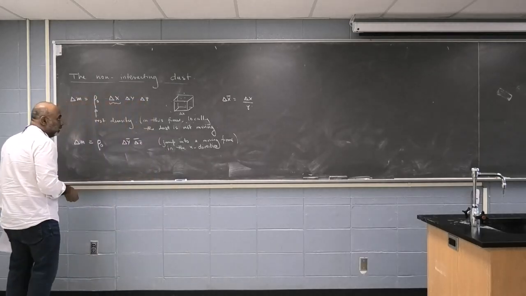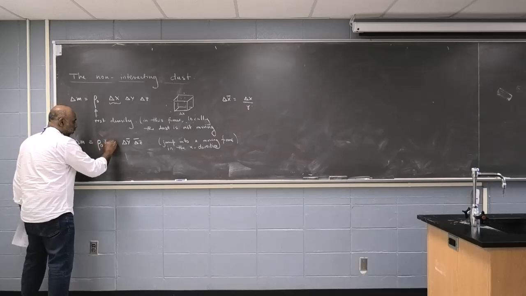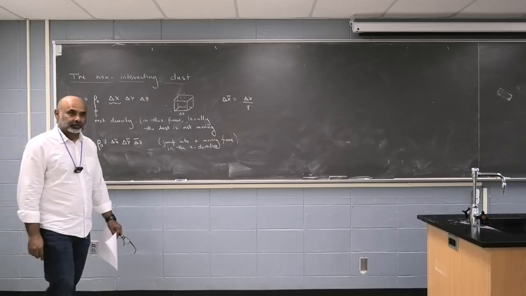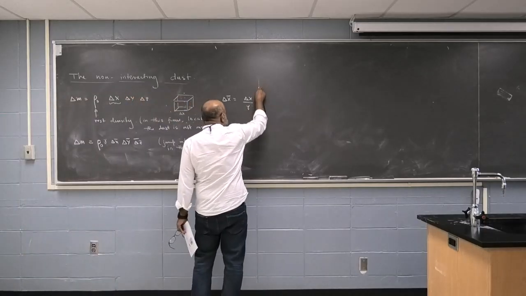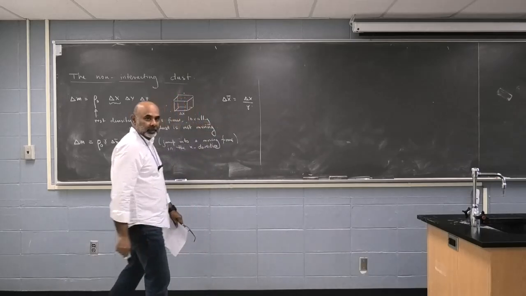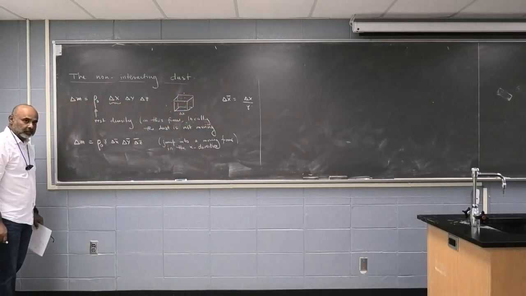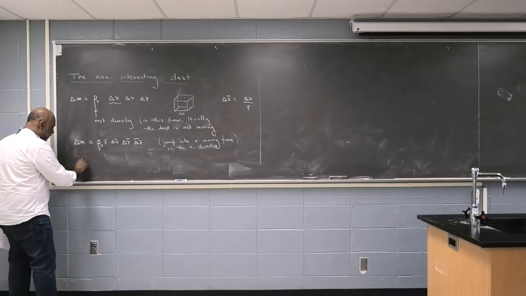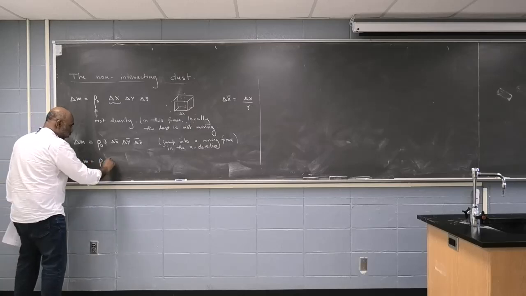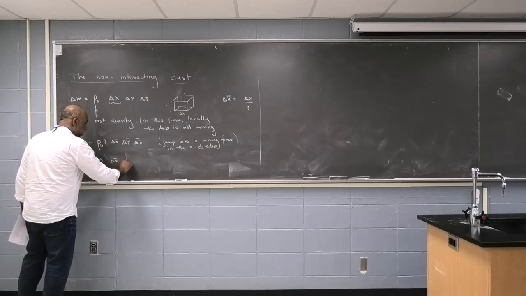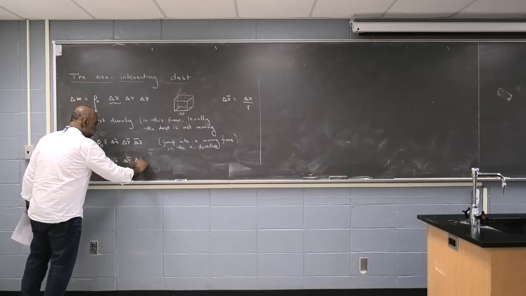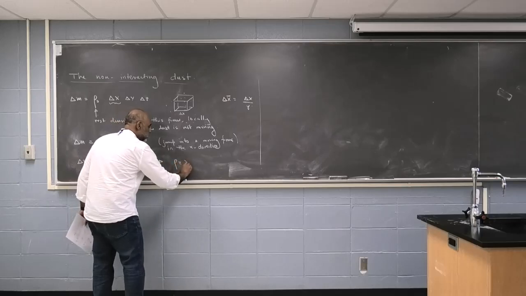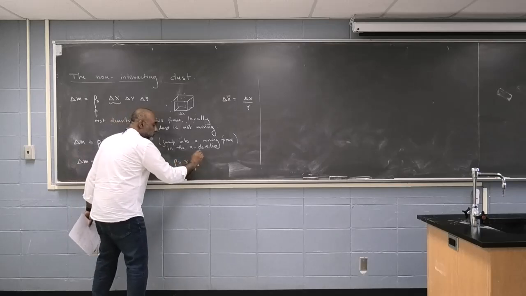So I can write delta x as gamma, correct? That means I can subsequently write this as rho delta x, delta y, delta z, and clearly rho equals gamma rho 0.